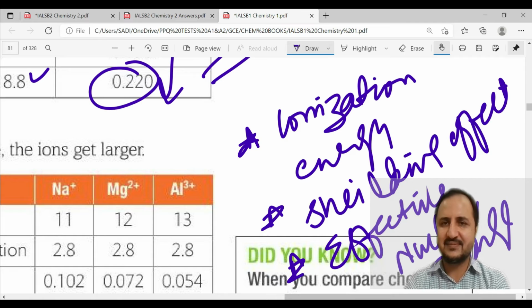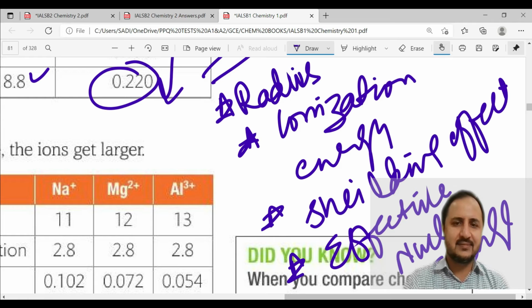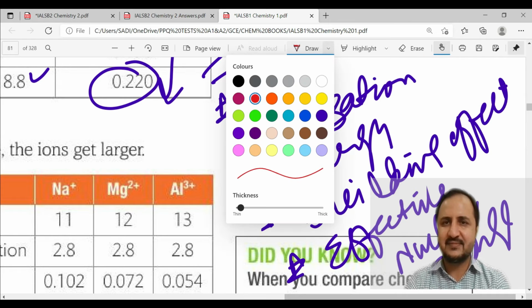These 3 points are to be considered when we are working on the ionization, when we're working on the radius. The 4th one is radius. So whichever one of them you are explaining, you have to talk in the language of the rest of them. Let's suppose I'm explaining right now the atomic radius.